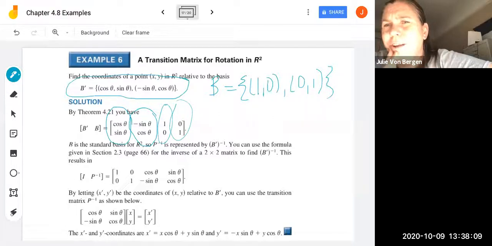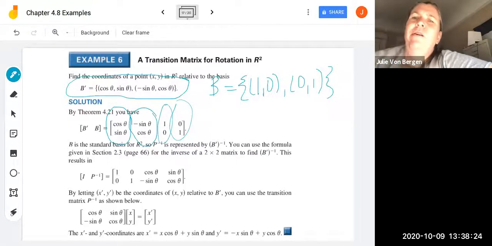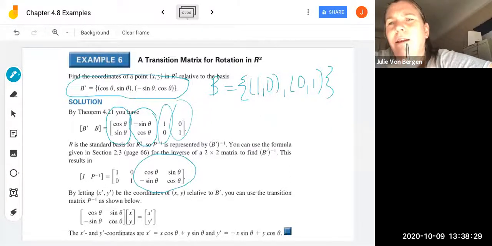So P inverse is just going to be represented by B prime inverse because we don't have to reduce this to get the identity matrix out. So you can use the formula for the inverse of a 2x2 matrix to find B prime inverse. So that's right here, the cosine theta, sine theta, negative sine theta, and cosine theta.